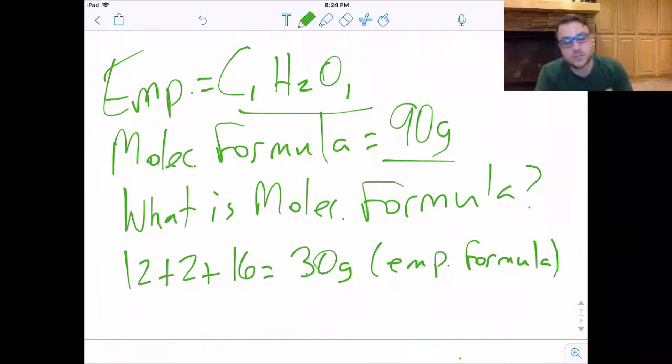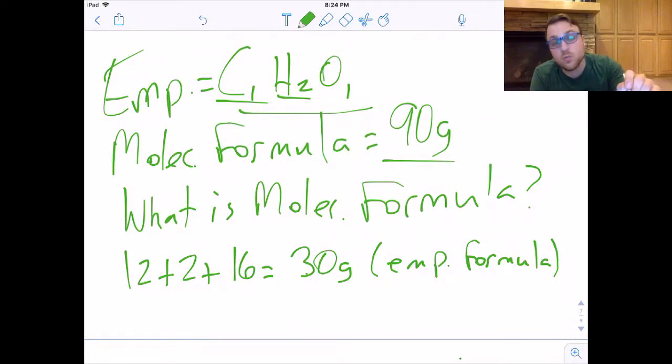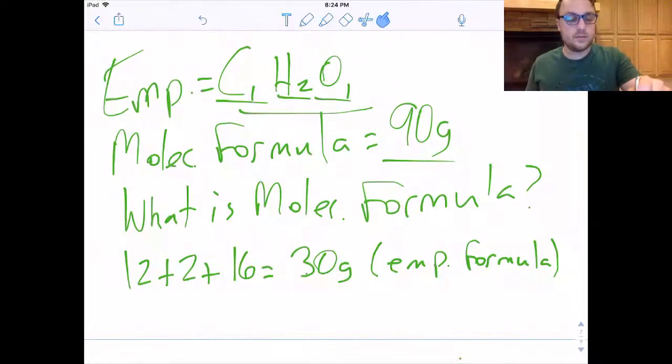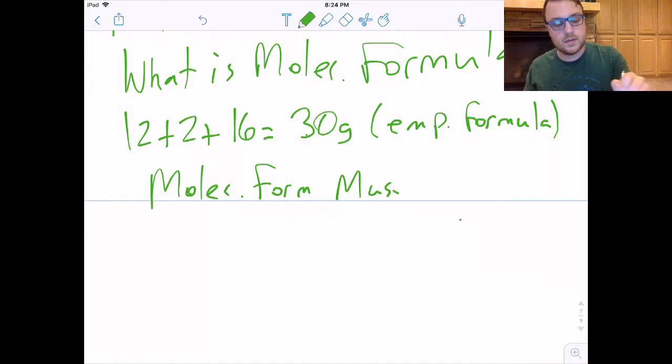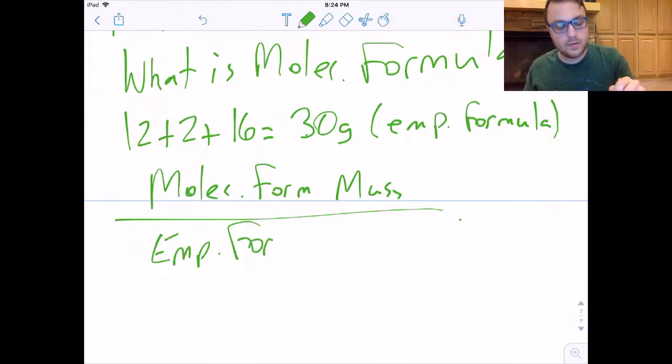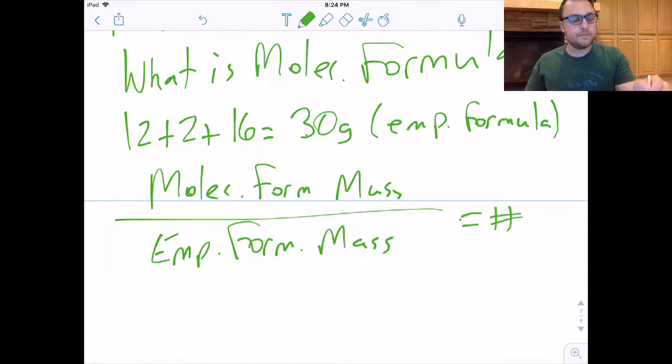Well, if I take the molecular formula mass and divide it by the empirical formula mass, I should get a lovely number. So if I do 90 by 30, that's 3. So what does that mean?